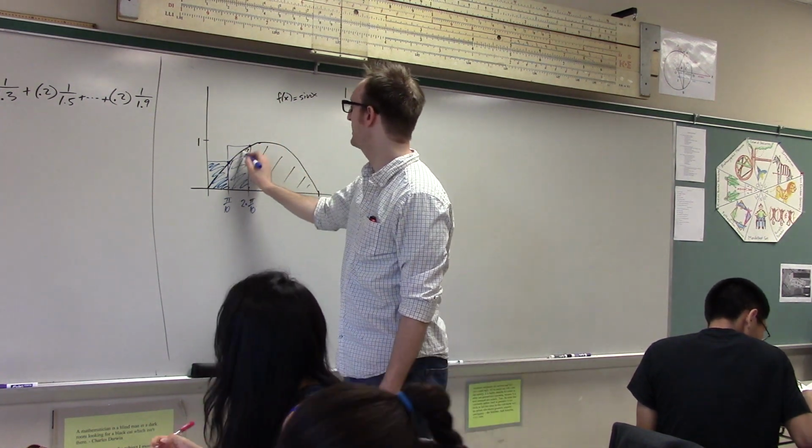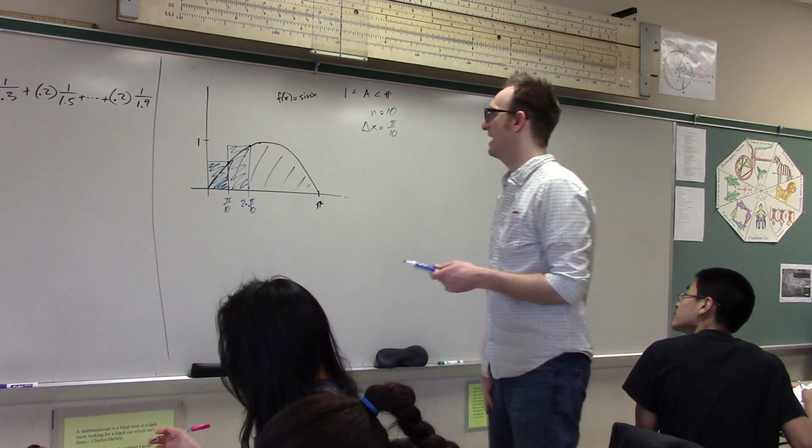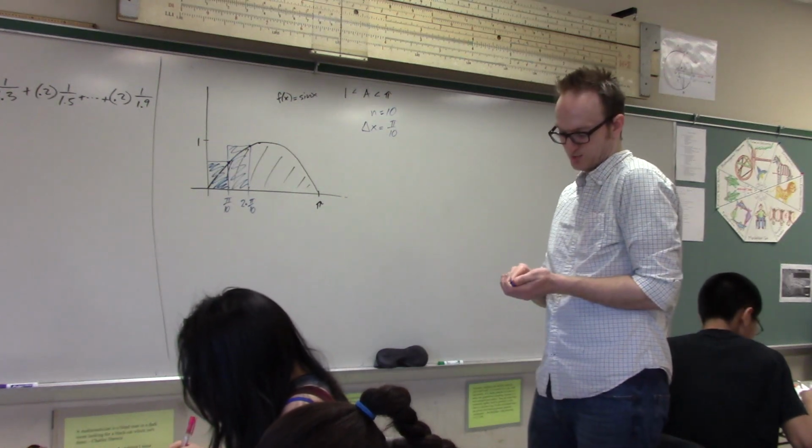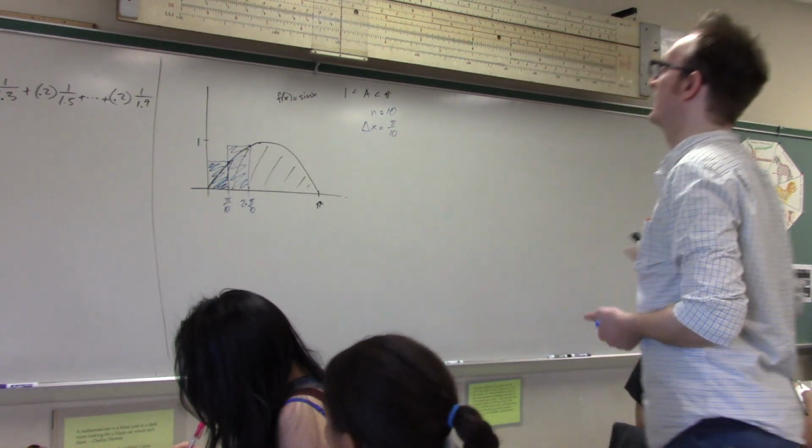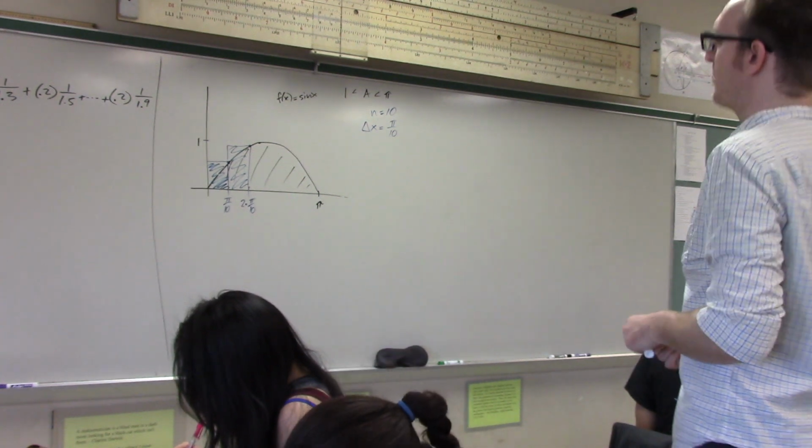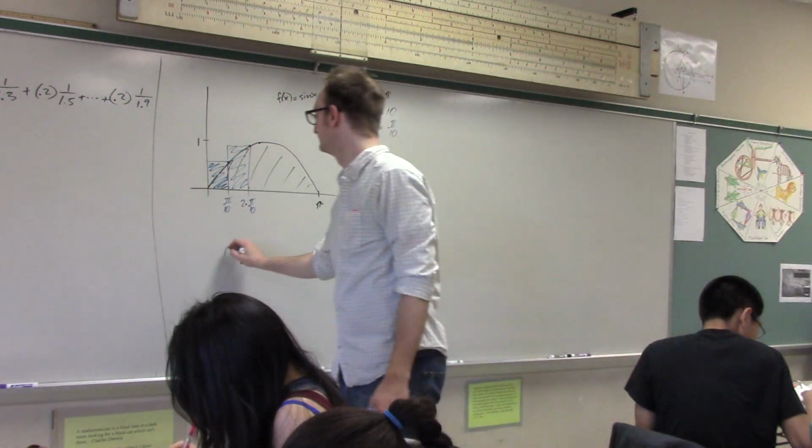Can somebody write me out a sigma notation expression for the area under this curve as approximated with 10 rectangles using Rm?